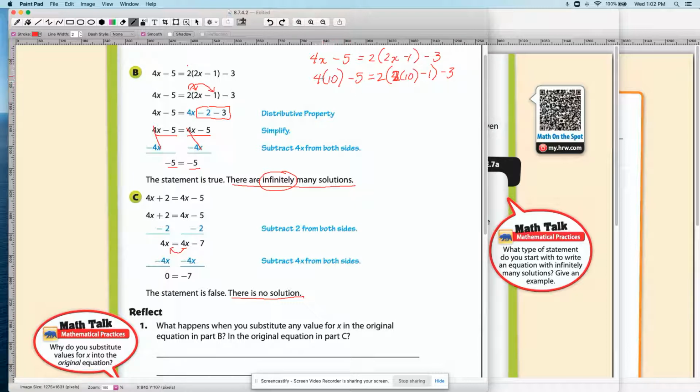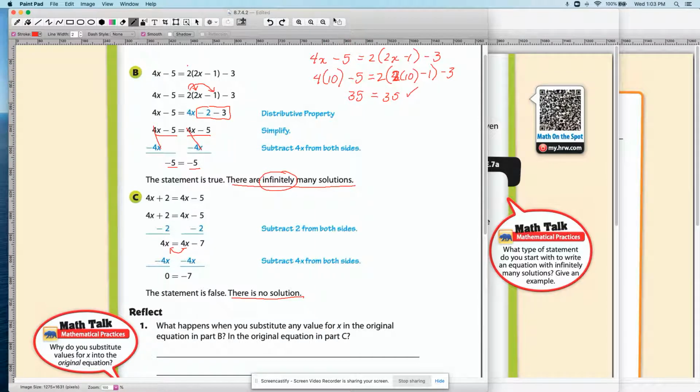Well, what are we going to get? 4 times 10 is 40, minus 5 is 35 on that side, equals 2 times... 10 minus 1 is 9. No, 10 minus 1 is 9, times 2 is 18... Let me restate: the speaker computes the right side to be 35. So we get a true statement. 35 does equal 35. And I did this by plugging in 10.